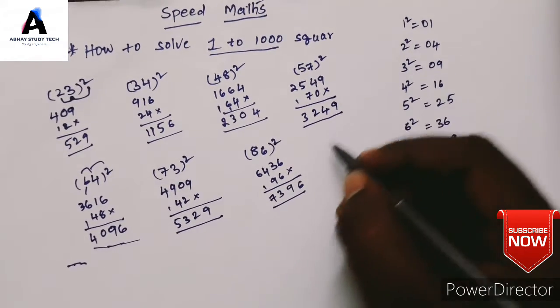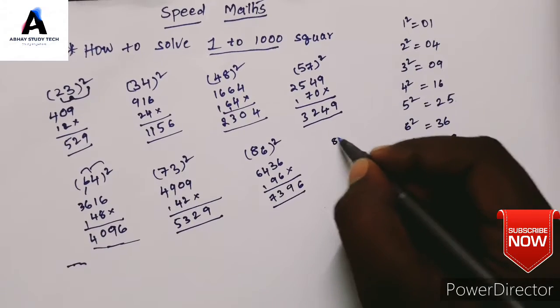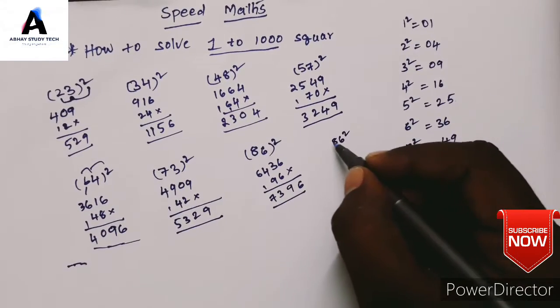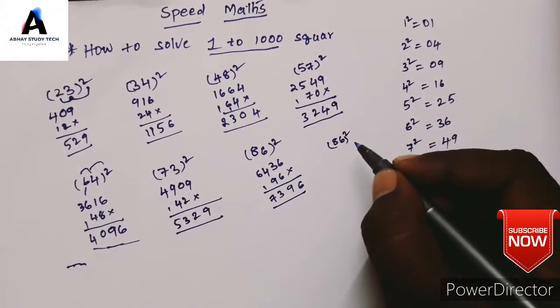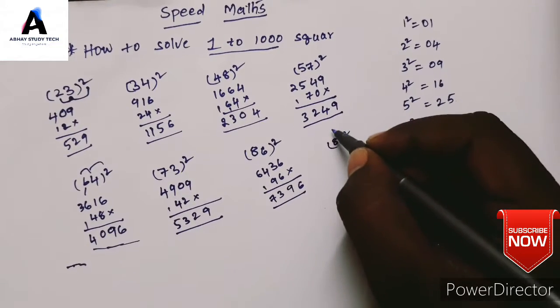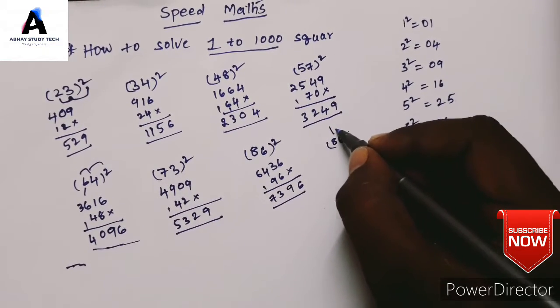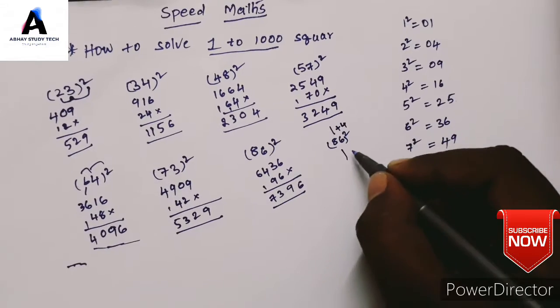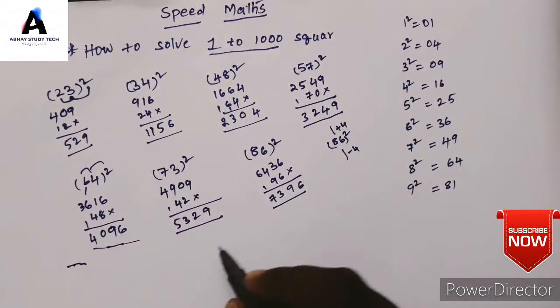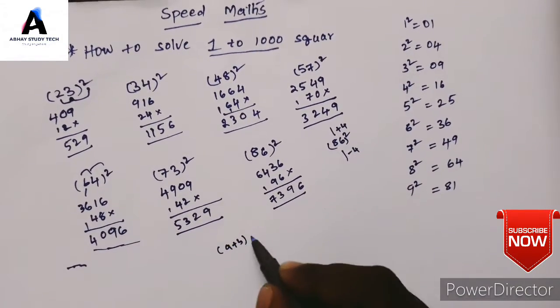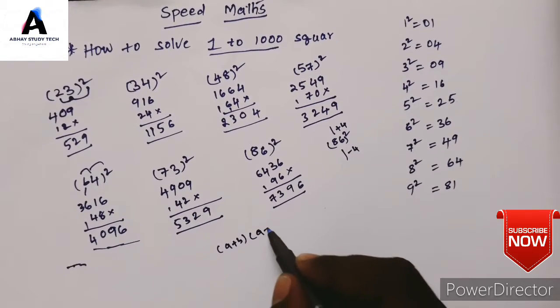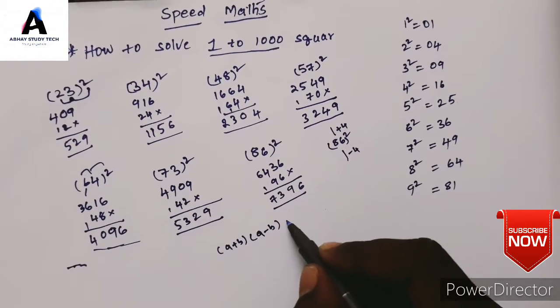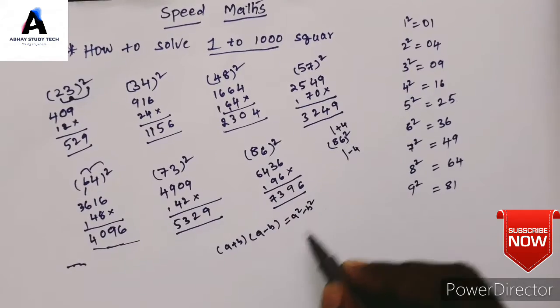That is, for example, 86 square. We can write as 86 plus 4 and 86 minus 4. The formula is a plus b into a minus b is equal to a square minus b square, friends.